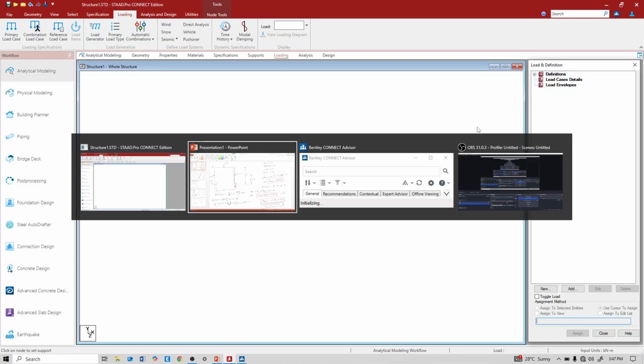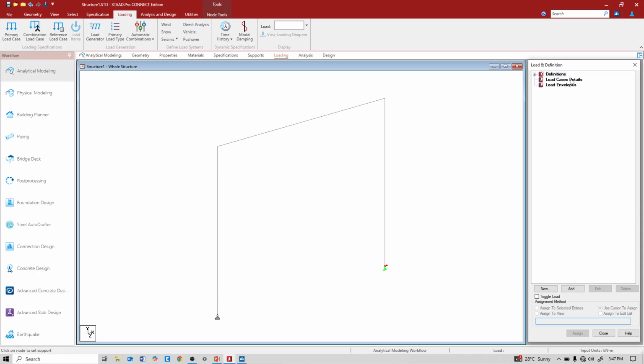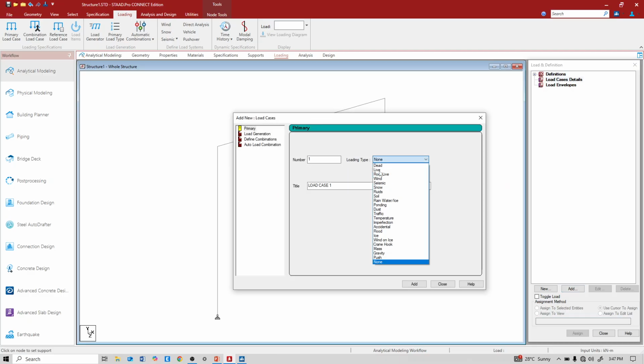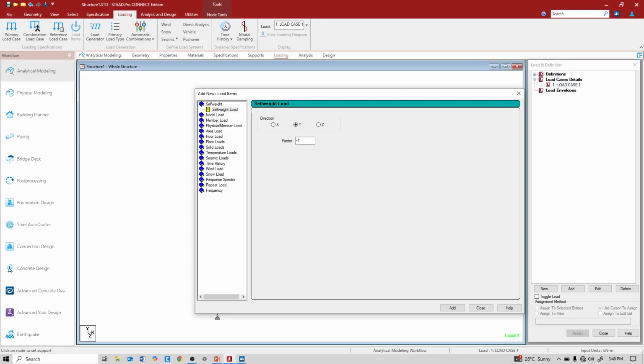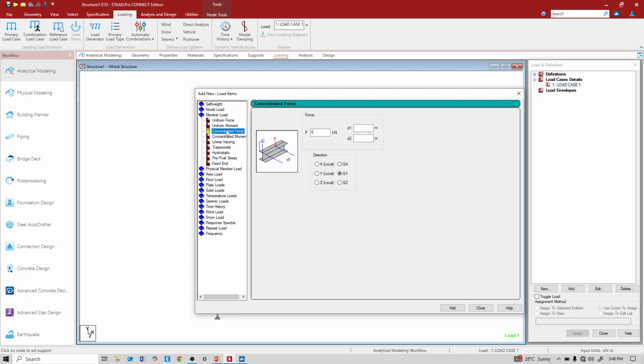Now loading 10 kilonewton. Here load case details. Add load is live load, load case 1, close, load case 1, add member load, concentrated force 10 kilonewton downward y direction, that's why minus, and at a distance of 2.5 meters, center of that beam.